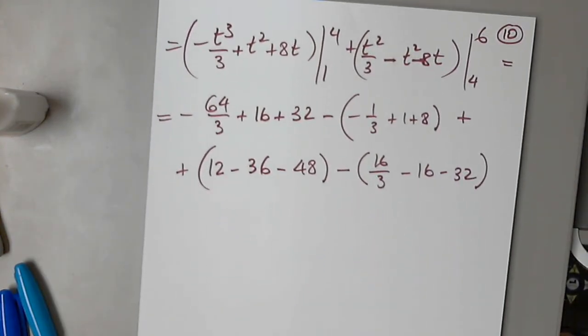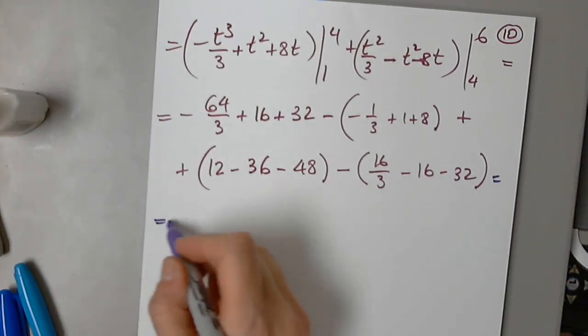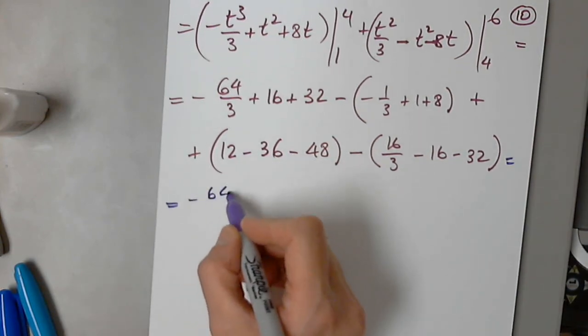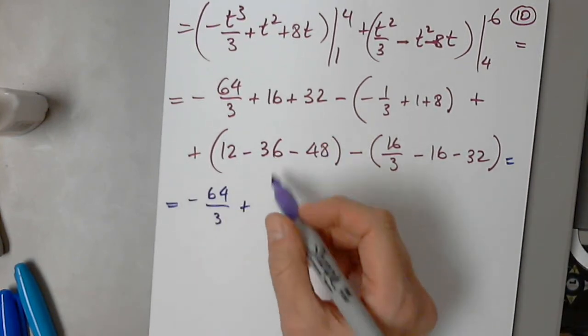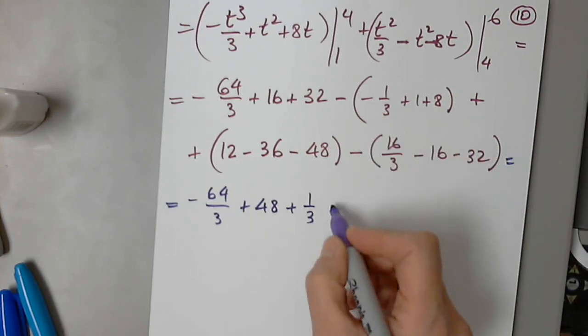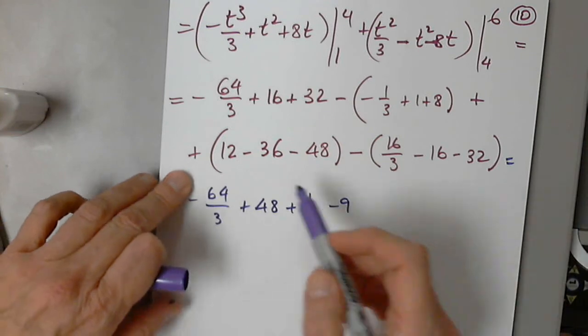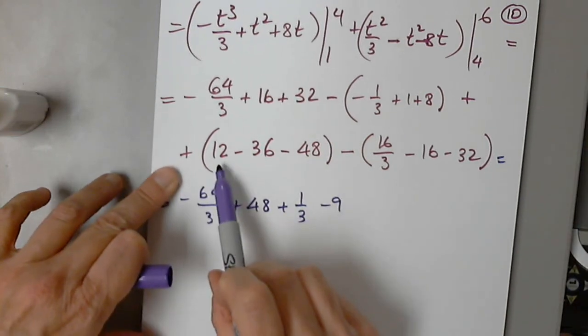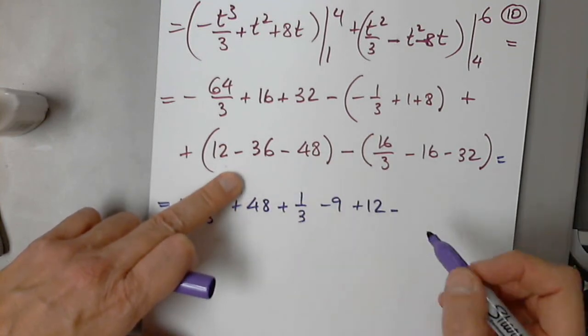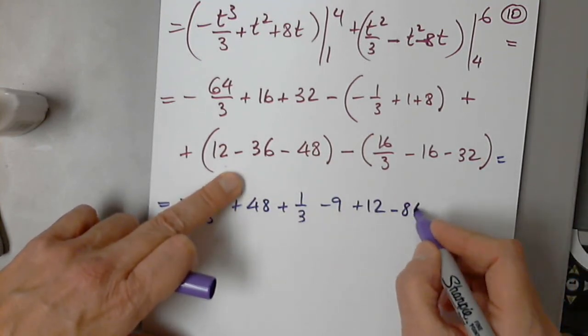Okay, let's see what we get. Watch my numbers. Okay, negative 64/3 plus, I got 48 plus 1/3. This is 9 minus 9. Don't torture me if you have this number. Plus 12 minus, again I have 84.